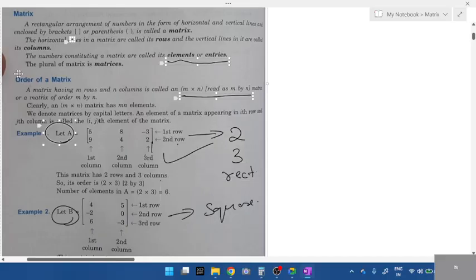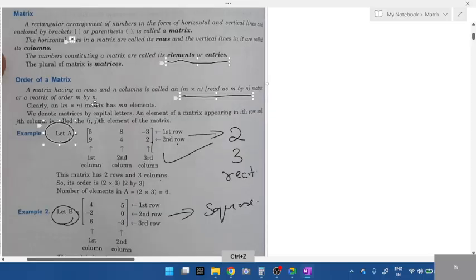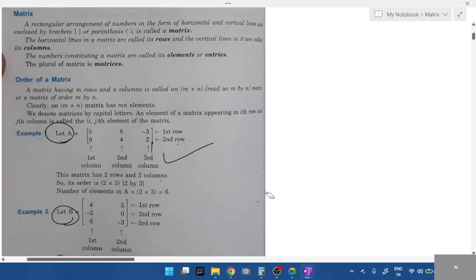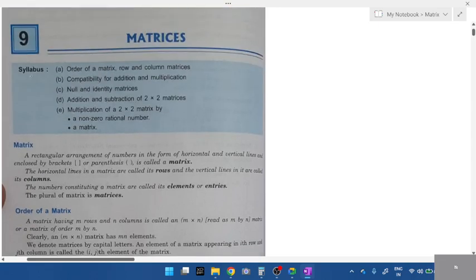Yeah, open matrix chapter. Yes, Kia, open matrix. Is anything given here like this?